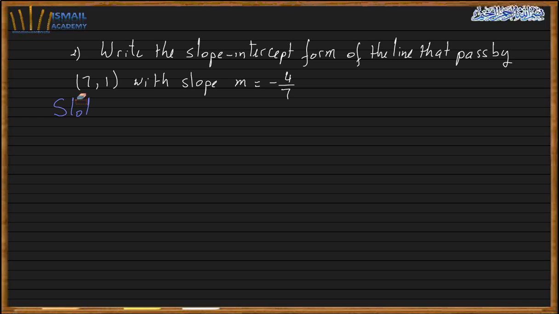So what I do first, I find the y-intercept. So let me show you how to do it. So we know that y equals mx plus b. So we already know the slope, so I substitute the slope. So I'm going to substitute y equal minus 4 over 7x plus b. So now this is my new form. But I know that the point 7, 1 is part of the line.